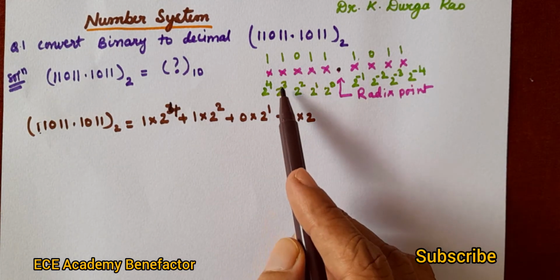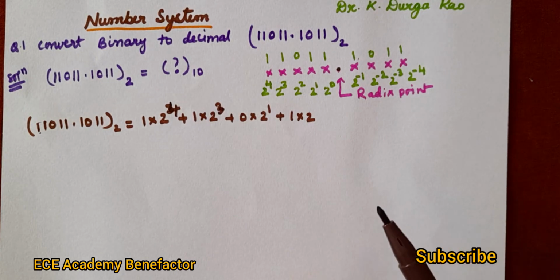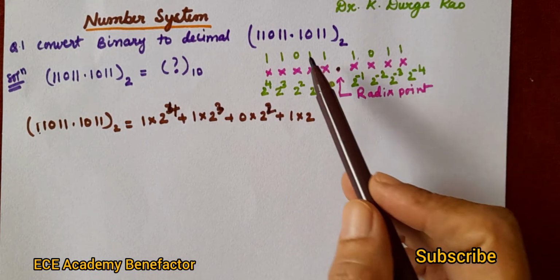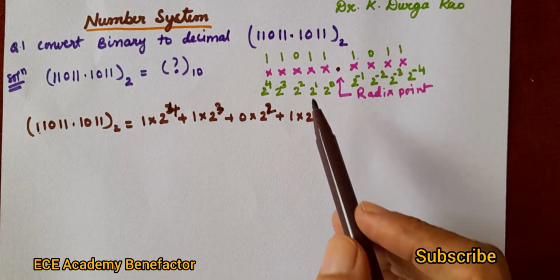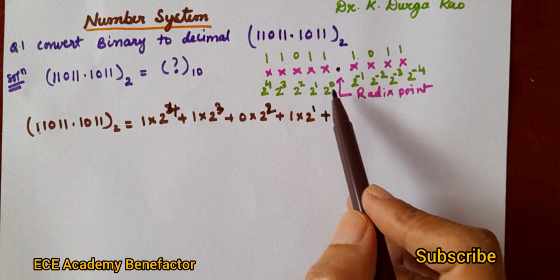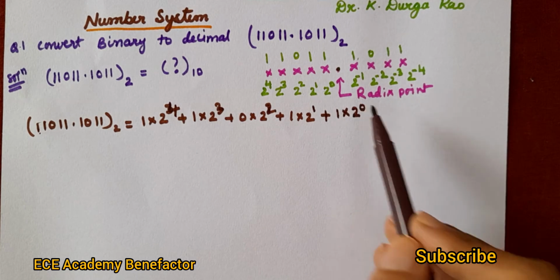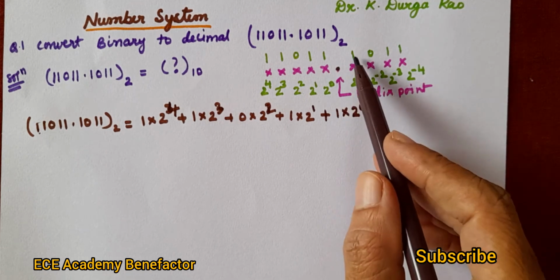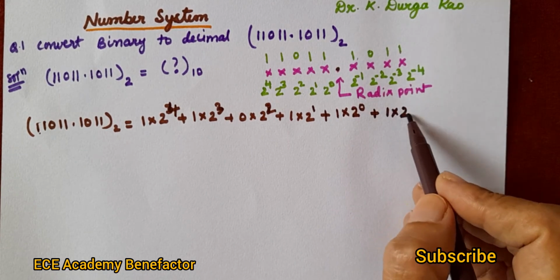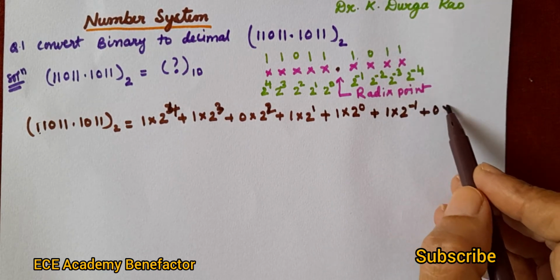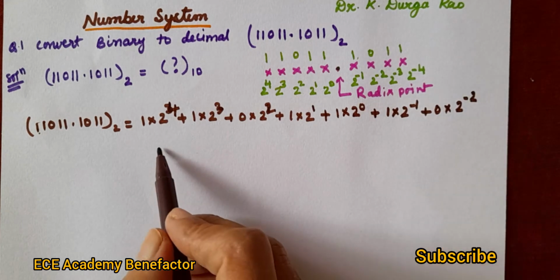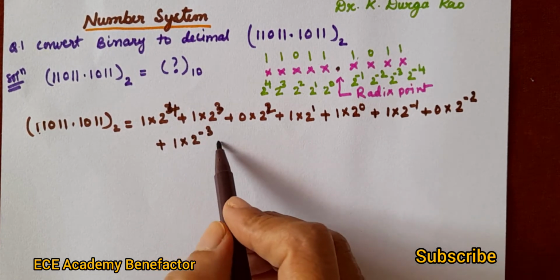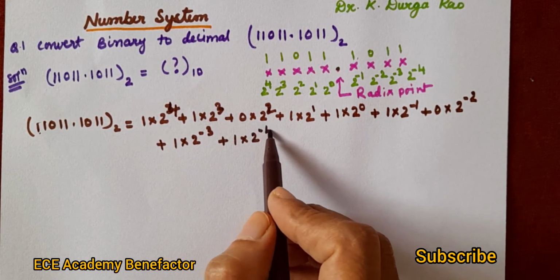Then multiply this 1 by 2 to the power of 3, and then multiply 0 by 2 to the power of 2. 1 is multiplied by 2 to the power 1, plus this 1 is multiplied by 2 to the power of 0, plus, now coming to the right side of the radix point, 1 is multiplied by 2 to the power of minus 1, plus 0 into 2 to the power of minus 2, plus 1 into 2 to the power of minus 3, plus 1 into 2 to the power of minus 4.